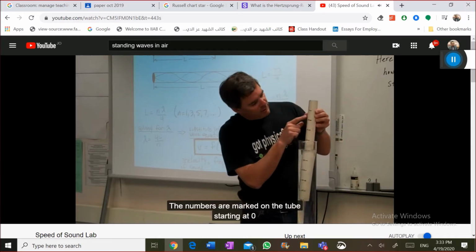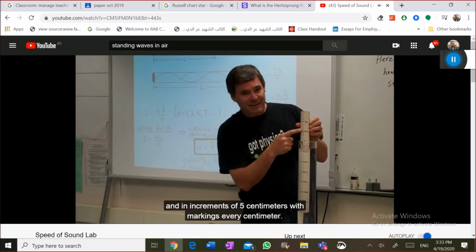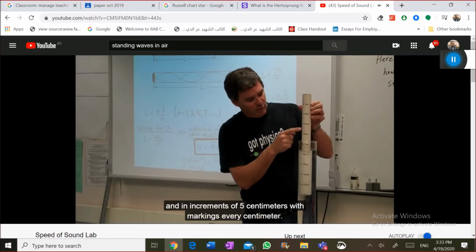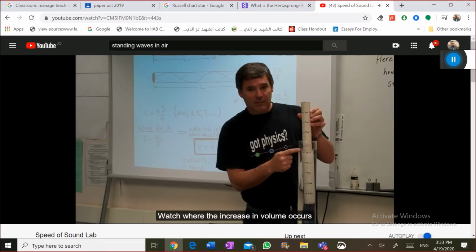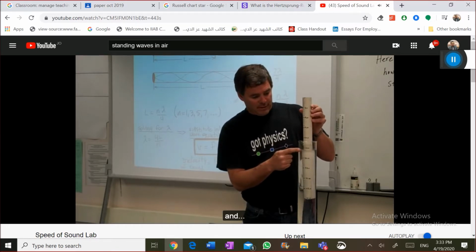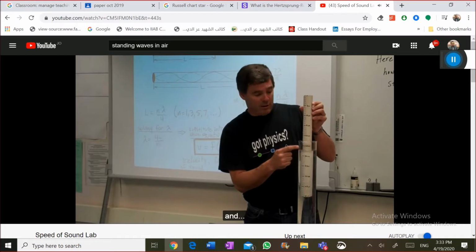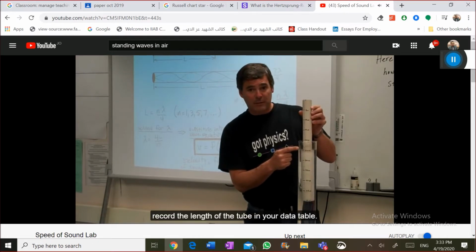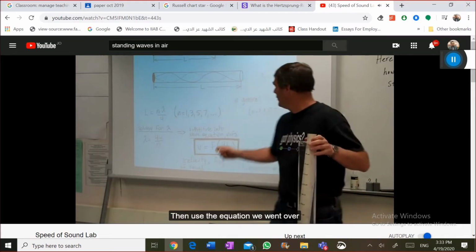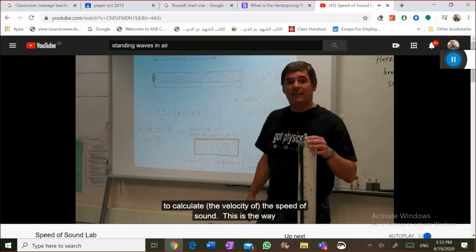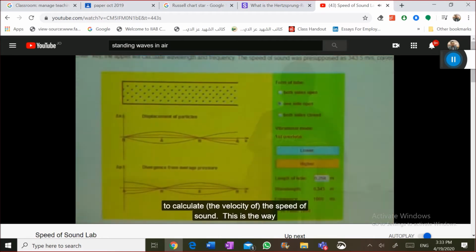The numbers are marked on the tube starting at 0 and in increments of 5 centimeters with markings every centimeter. Watch where the increase in volume occurs and measure, and record the length of the tube in your data table. Then use the equation that we went over to calculate the velocity of the speed of sound.